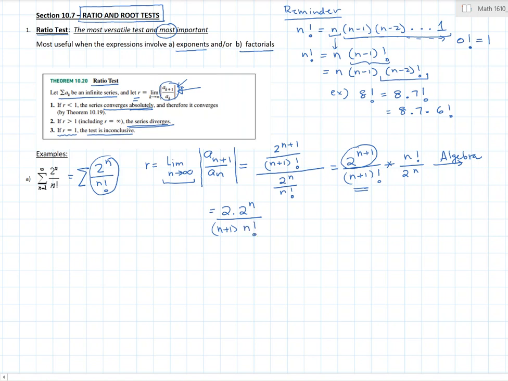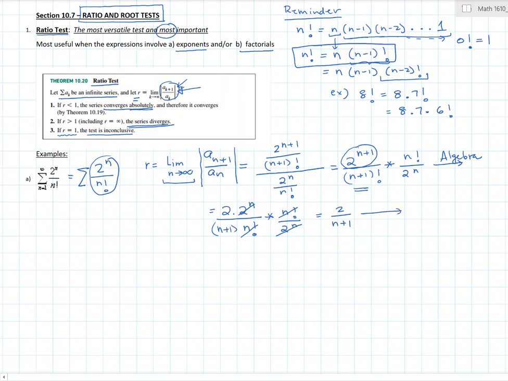This is the recursive relation that comes from here, times n factorial over 2 raised to the power n. And you will see the reason why we did this, because 2 to the n cancels and n factorial cancels, and you are left with 2 over n plus 1.